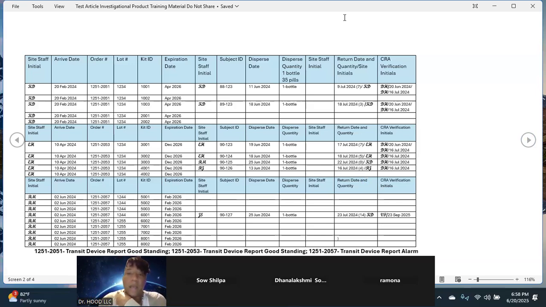Now, the reason why both these situations are probably going to be considered major or critical as it relates to the reported quality issues, is because the reason possibly why these two patients had medication issues is because the person dispensing was not supposed to. So this is a serious situation.